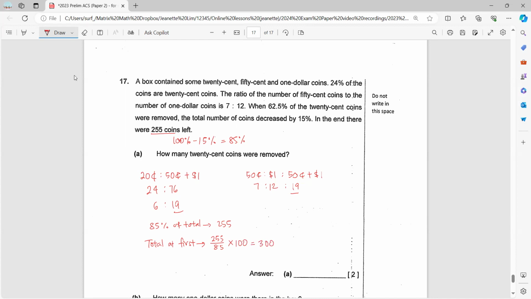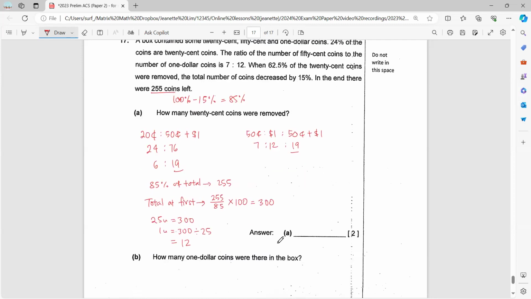I can now use this ratio for my total at first, for this 300. So 300 is how many units? 300 is this combined, 25 units. One unit is 12.